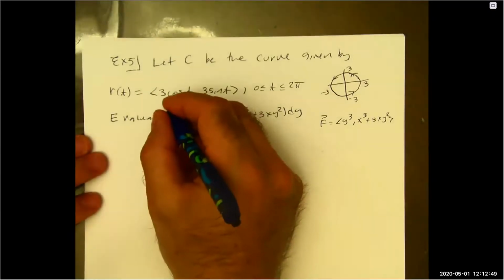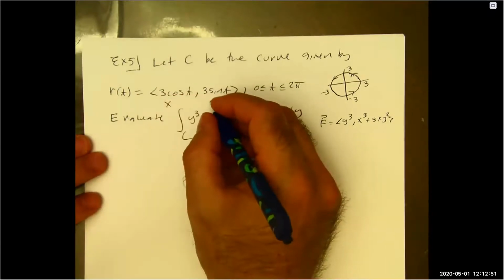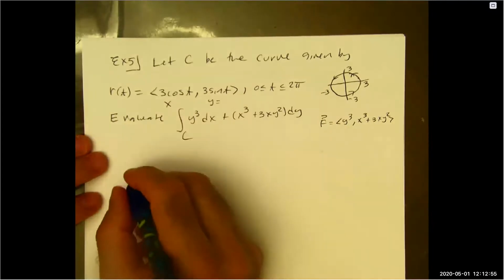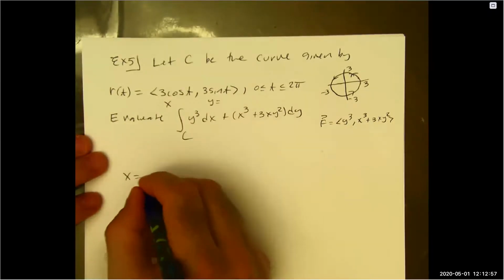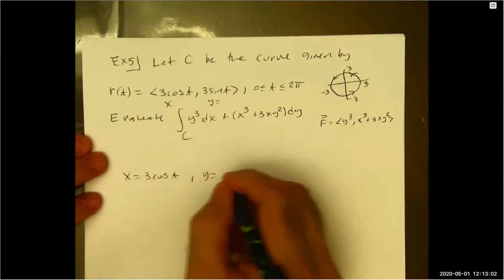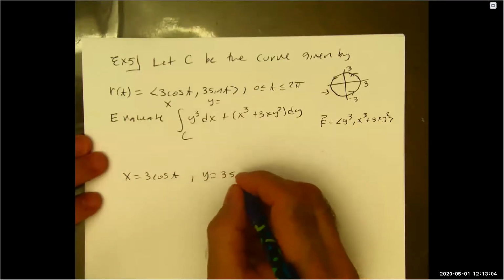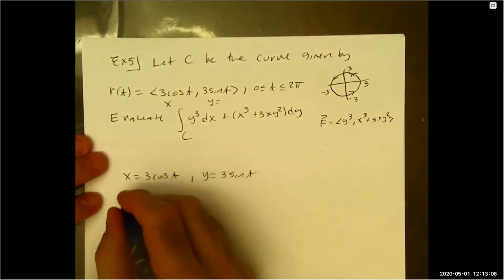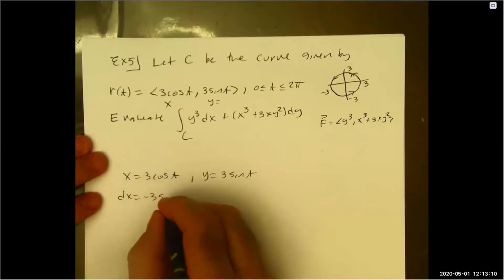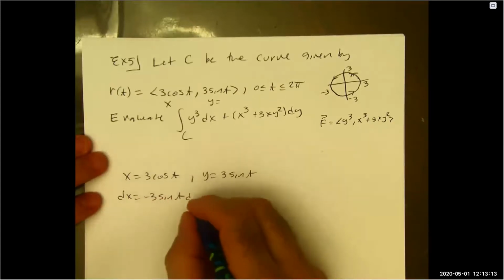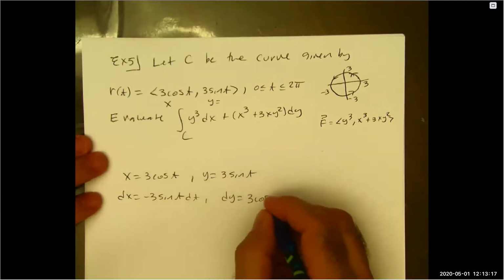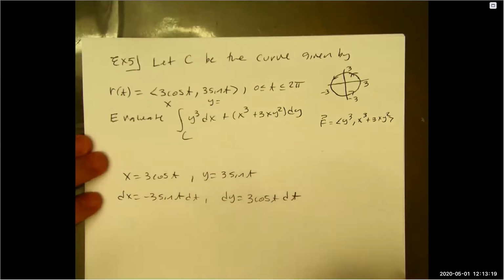So in this case, we have x is equal to 3 cosine t, and y is equal to 3 sine t. And so dx is going to be equal to minus 3 sine t dt, and dy is equal to 3 cosine t dt.